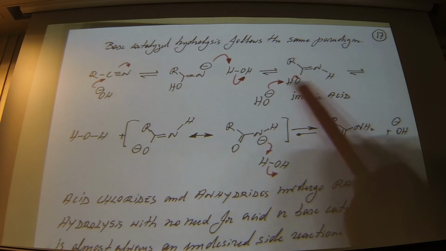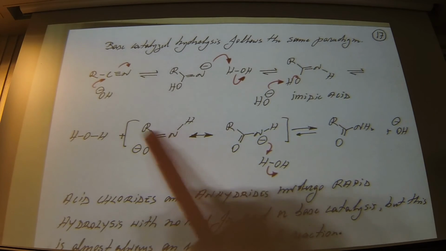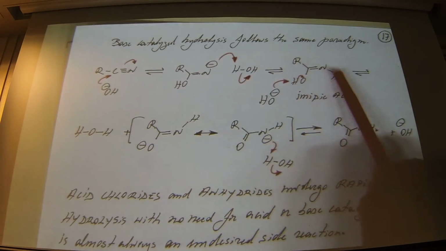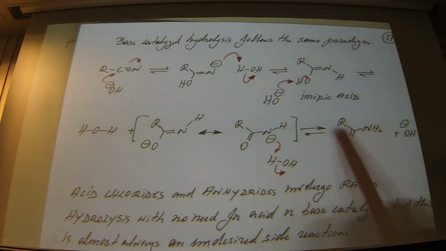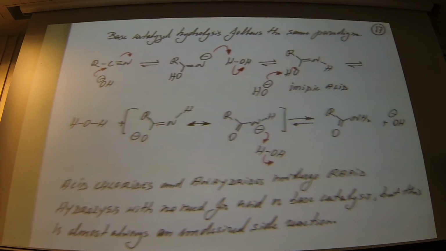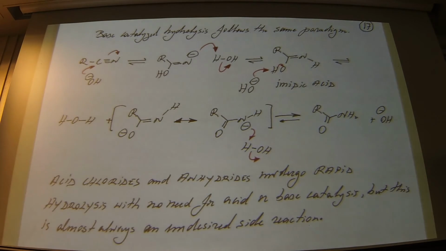The imidic acid loses a proton and gives you, so I add a proton and then I lose that one, and then I add one again, and I end up with the amide. So it follows pretty much the same logic that we've seen, not much different. Nucleophilic addition to the positively charged, in this case nitrile carbon atom, proton transfer, and so on.